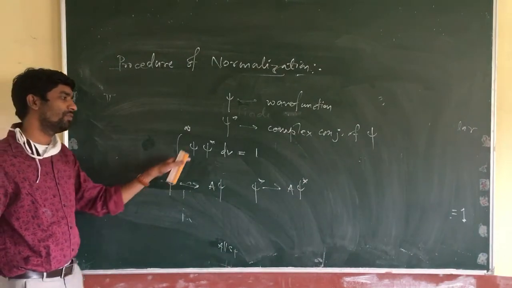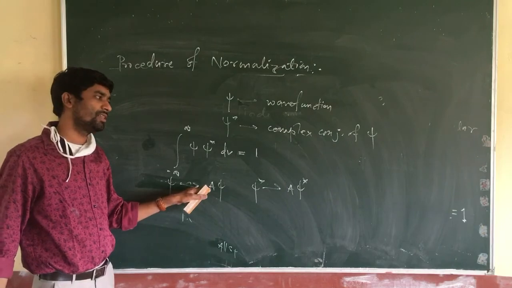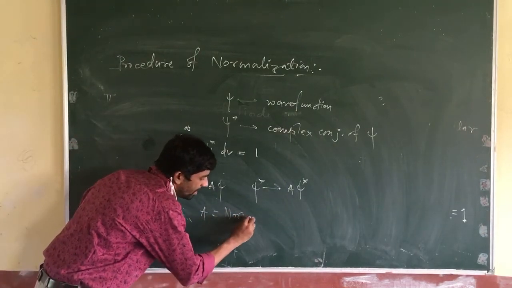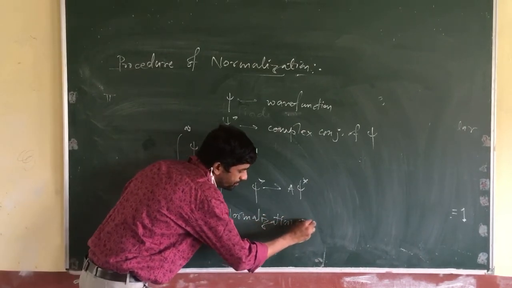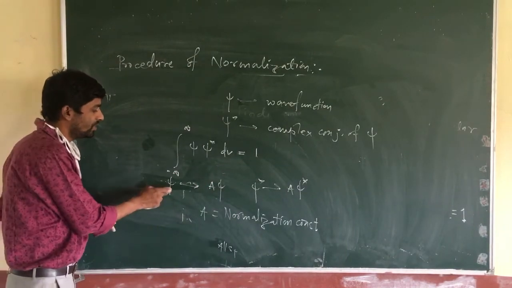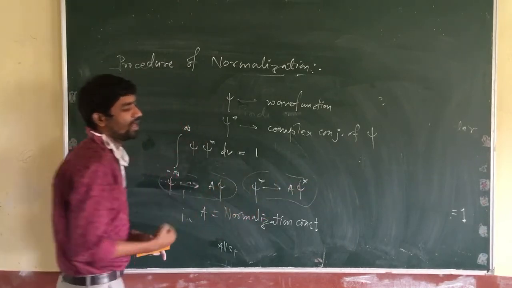Multiply A with the wave function psi and substitute here. A is your normalization constant.